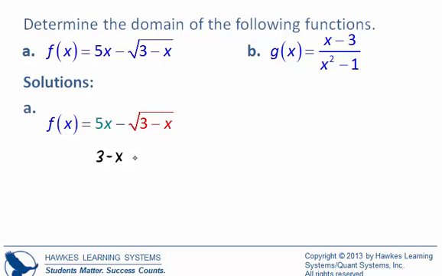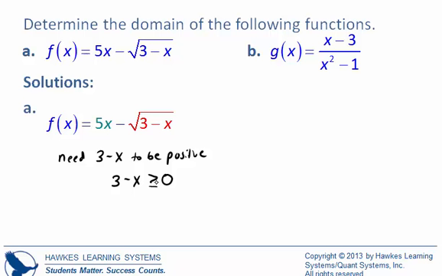So I need 3 minus x to be positive. Mathematically, that means that 3 minus x needs to be greater than 0. Greater than 0 indicates that our answer would be positive, and it's also possible that it can equal 0, so I'm going to put the equal to underneath.